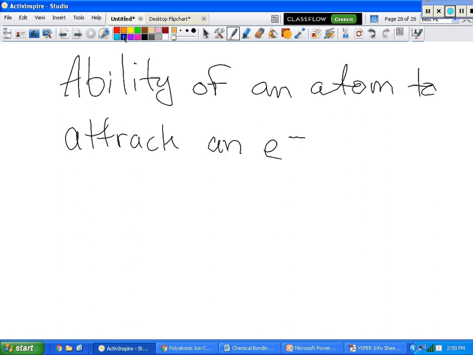Here's the part where everyone always stops. But there's an extension. A lot of you can remember, some of you remember this, the ability of an atom to attract an electron, but here's the key part.